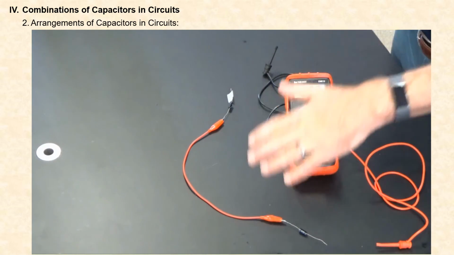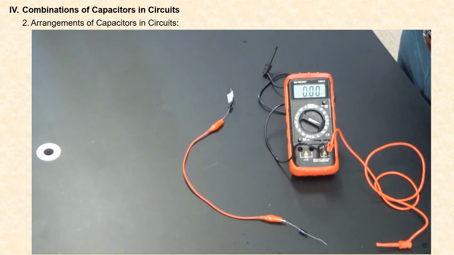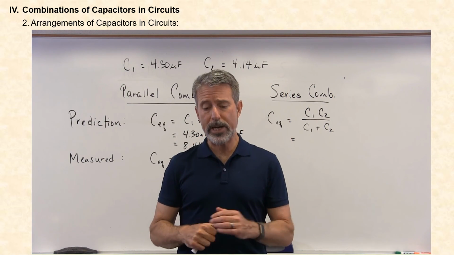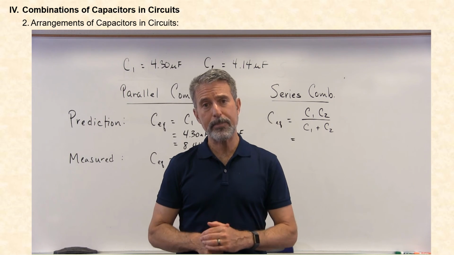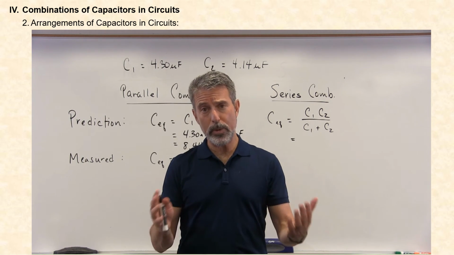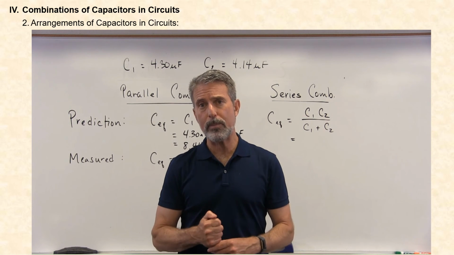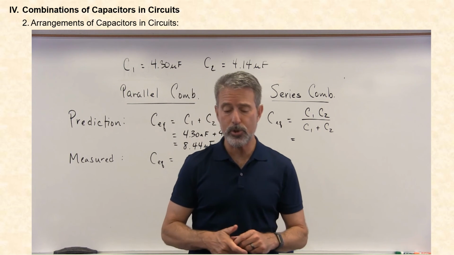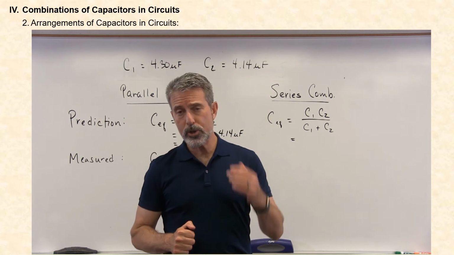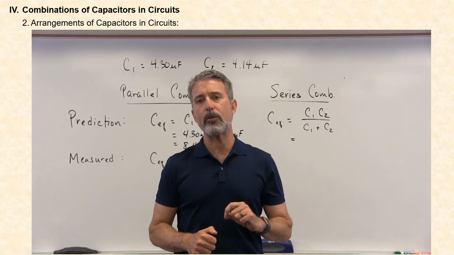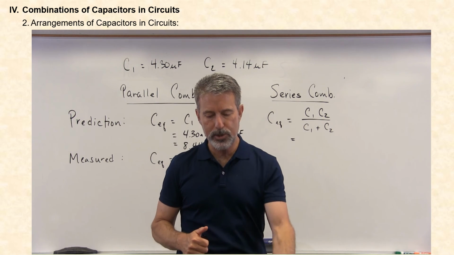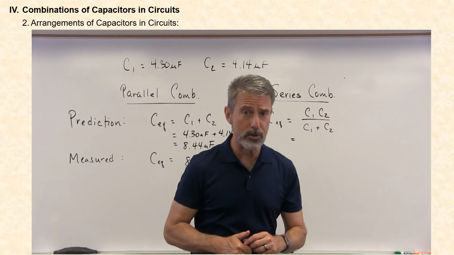What you now see in front of you on the desktop is a series arrangement of these two capacitors. And remember that for a series arrangement, there's only one pathway for charge to take, as opposed to the parallel arrangement where we have this branching effect and there's more than one path that charge can take in moving through the circuit. So, just like we did for the parallel arrangement, we'll start out by calculating the theoretical value for the equivalent capacitance of this series arrangement of two capacitors.